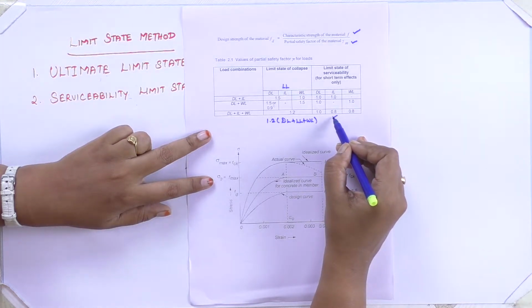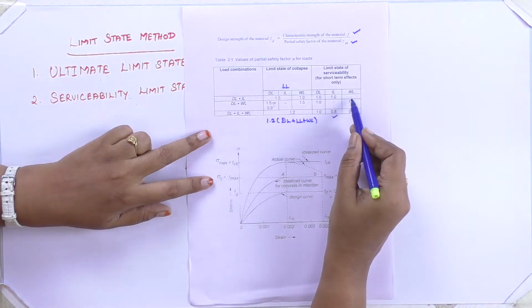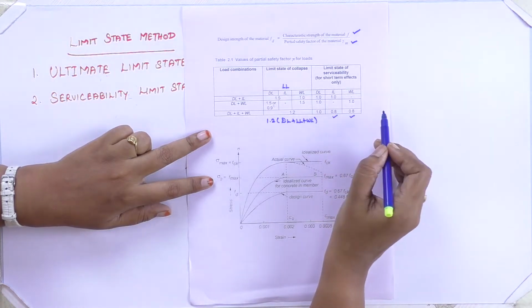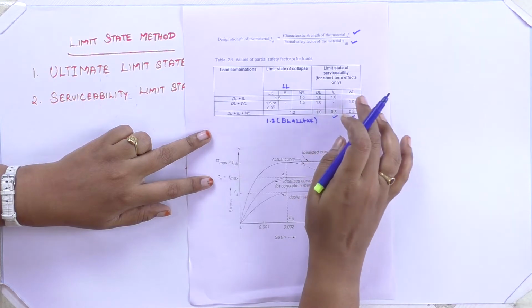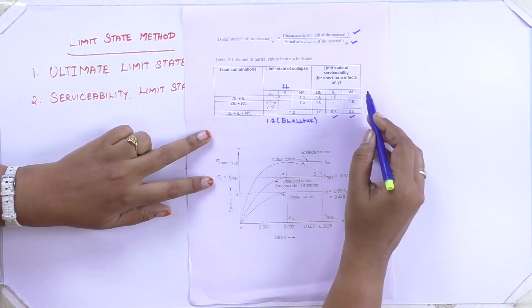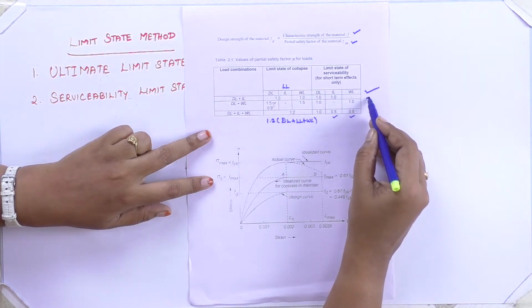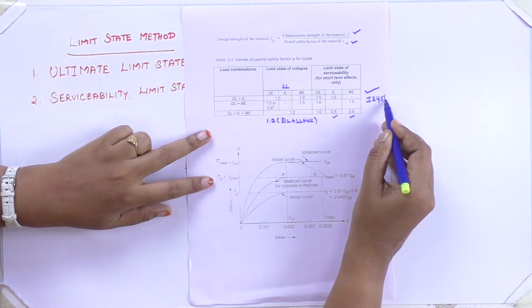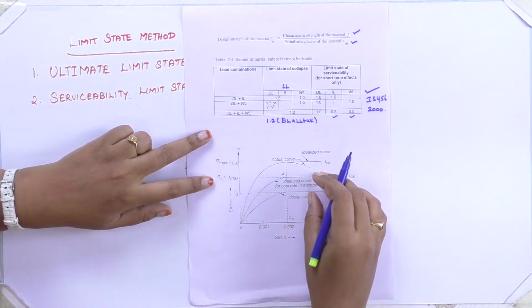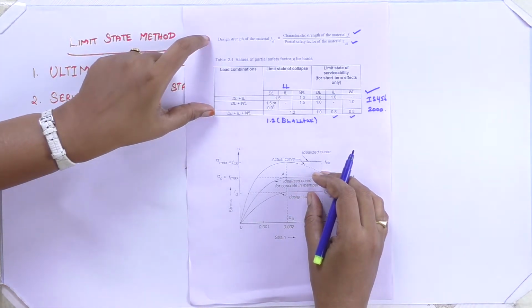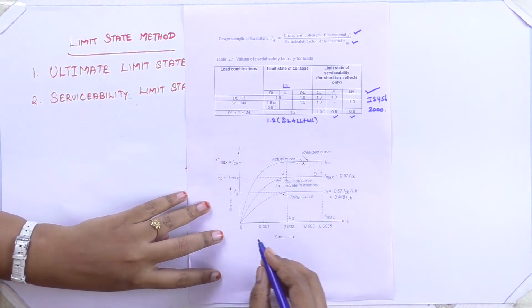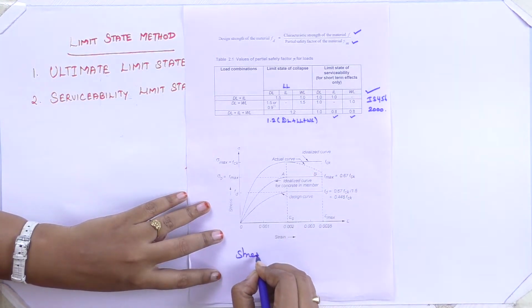So we take 0.8 times live load and 0.8 times wind load when these two are combined. These are some of the partial safety factor values in our code book, IS 456:2000. These are some of the terminologies involved in limit state design. Now we are going to see the stress strain curve for concrete.